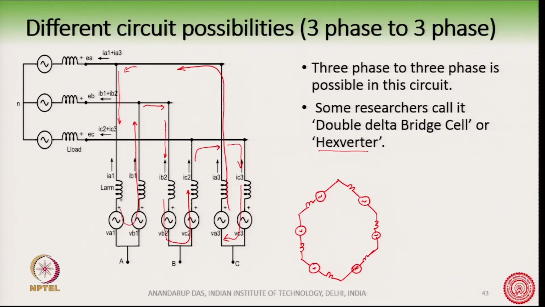You can have 1, 2 and 3, this is the one AC system and the other AC system is like this.